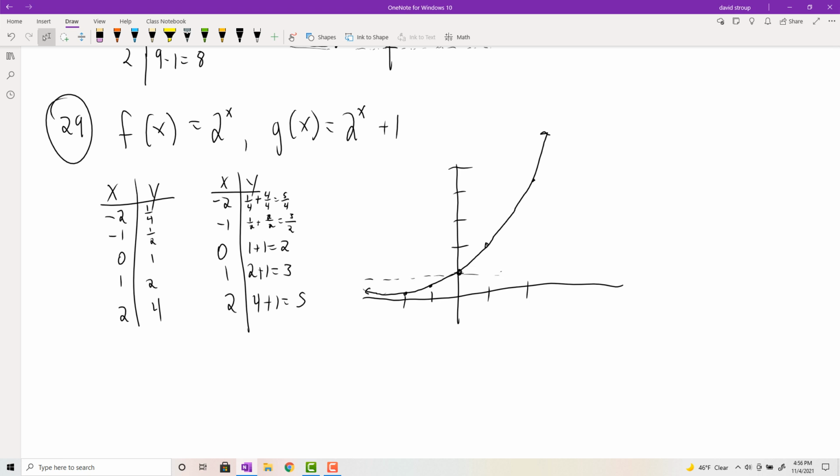Okay, so its horizontal asymptote will be at 1. Okay, so you have -2 5/4 is a little bit above 1, and -1 3/2, which is 1.5, 0 2, 1 3, and you could definitely see it's just basically the same graph moved up, and then 2 5. Okay, so it'll level off at 1, and then it just does its ramp thing straight up. So this is G, this is F. And then you have to note that G is F shifted up one place.